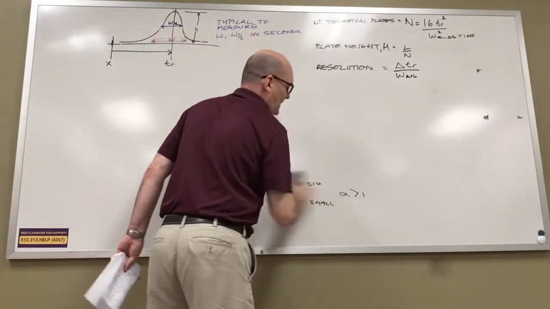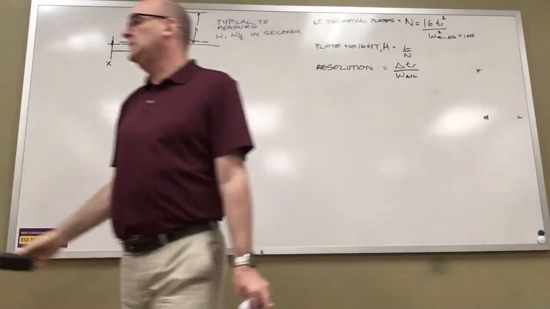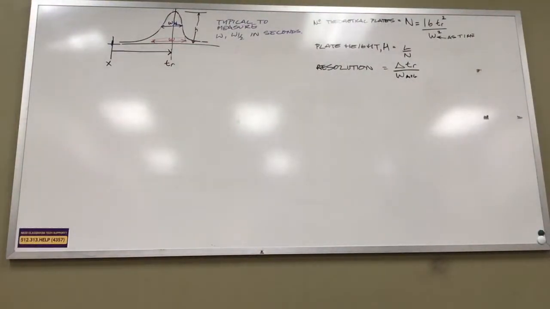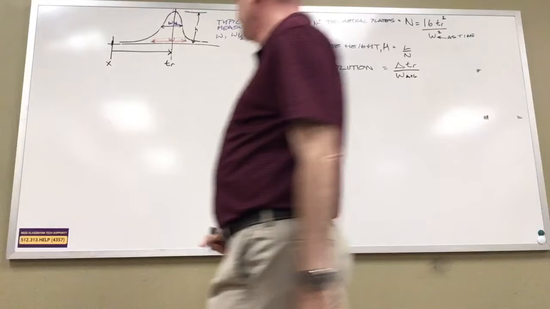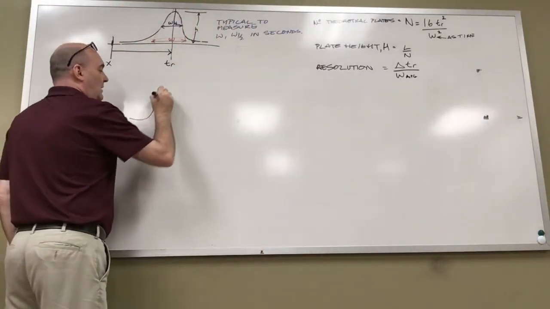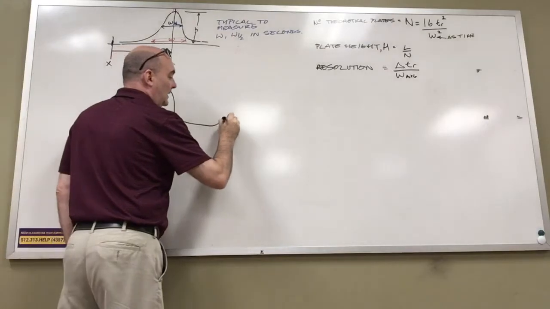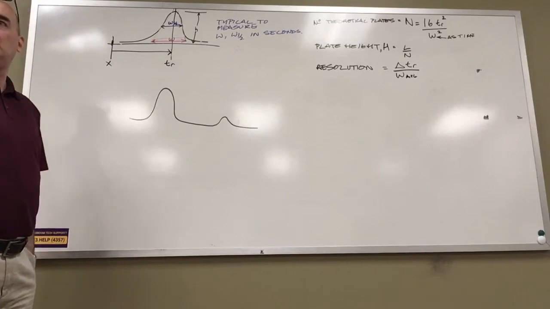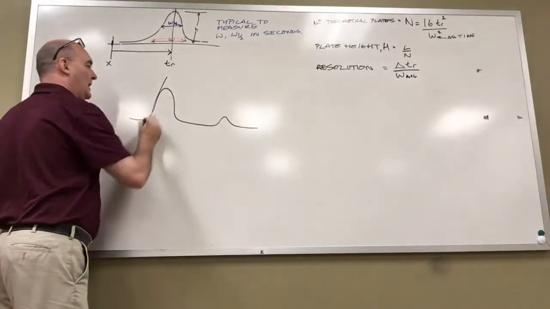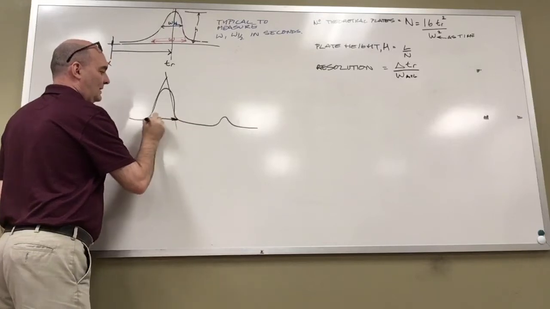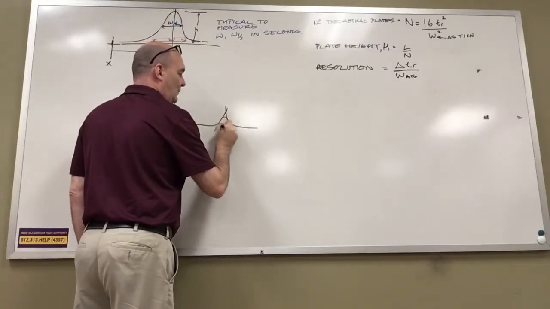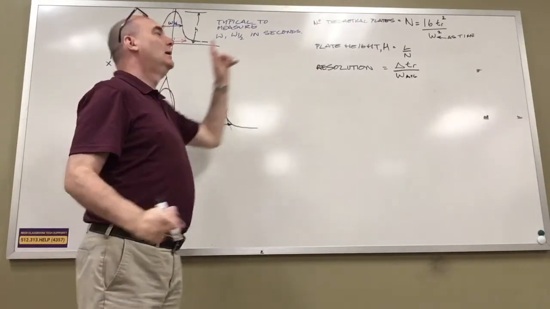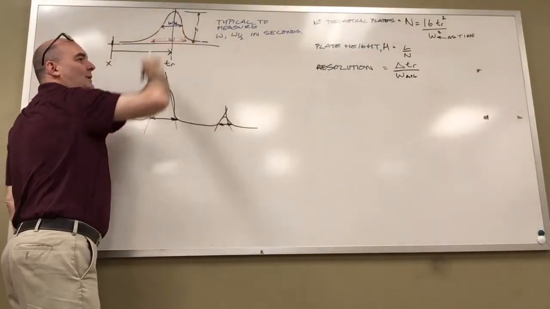Now, that's great. What if we don't know how wide our peaks are? Why and how would I not know how wide my peaks are? Here is a peak, and then there's another peak. Here are my two bands. How could I possibly not know how wide they are? I triangulate, there's my width right there. Triangulate, there's my width. Some of the time, we're going to use the width at half height.